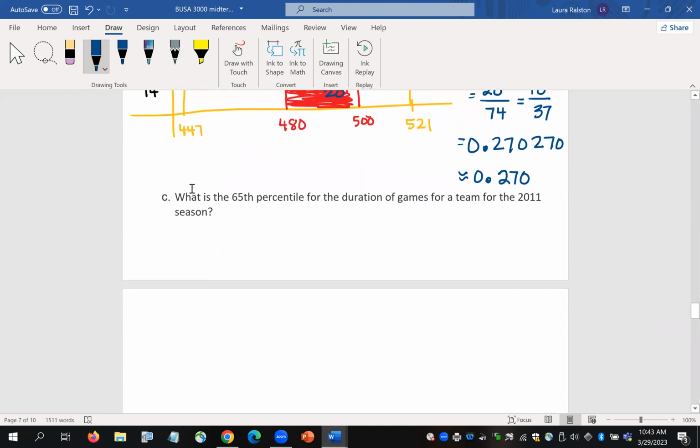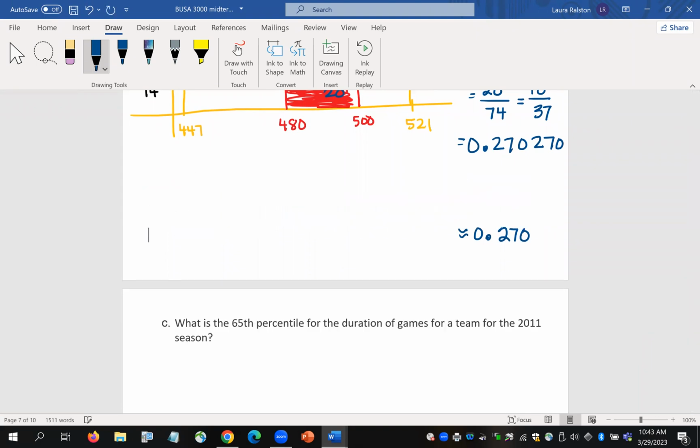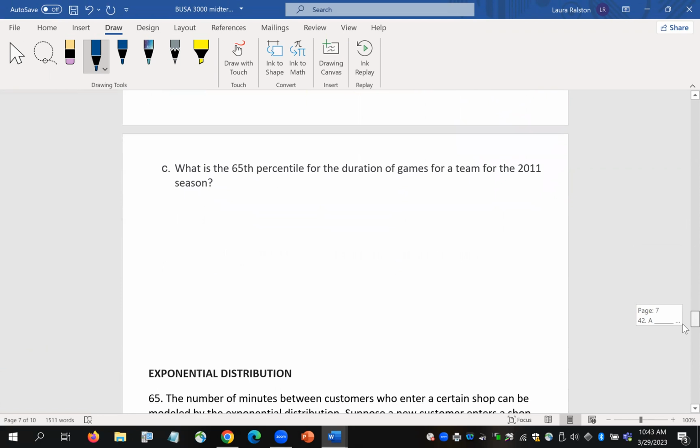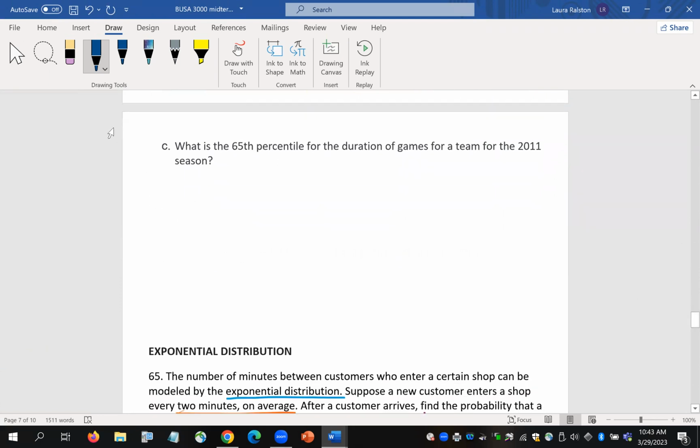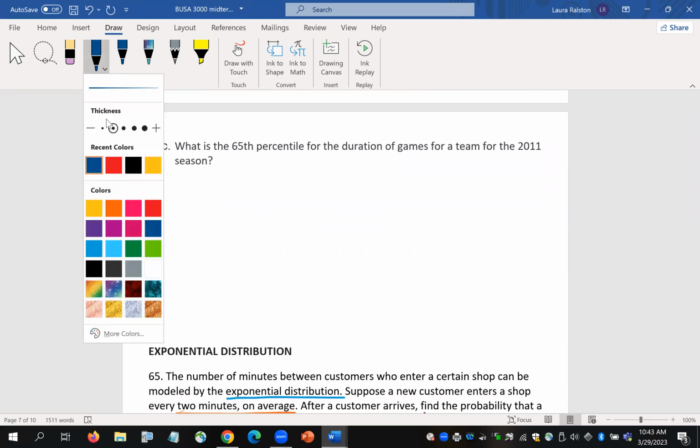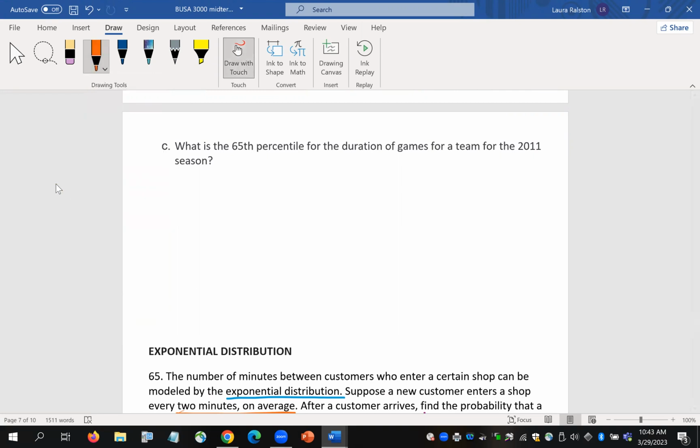Now the last one here is a little bit different. This is kind of that cutoff score question that you asked me about earlier, Nana, but this one is related to a uniform distribution. So again, we still have our uniform distribution from 447 to 521 hours.